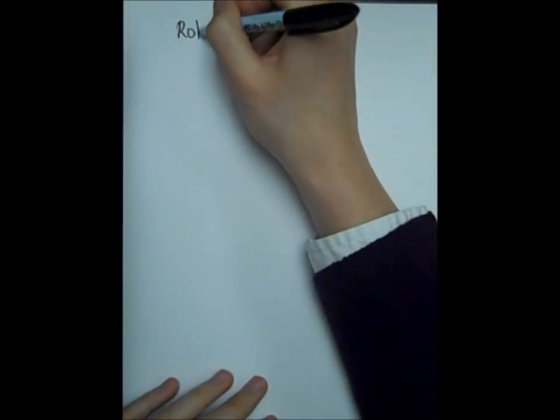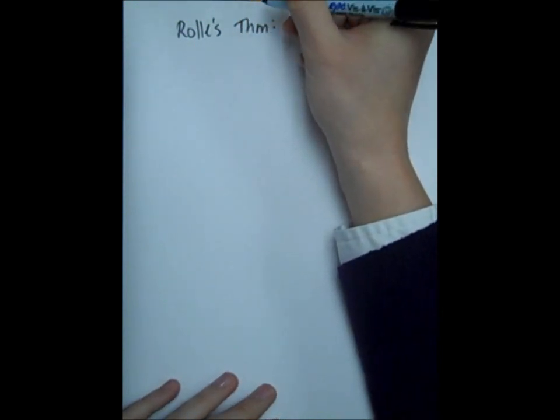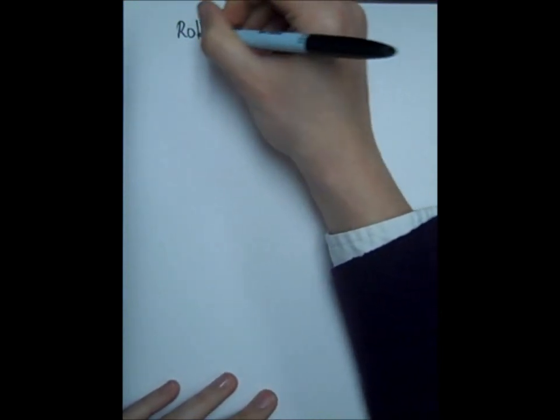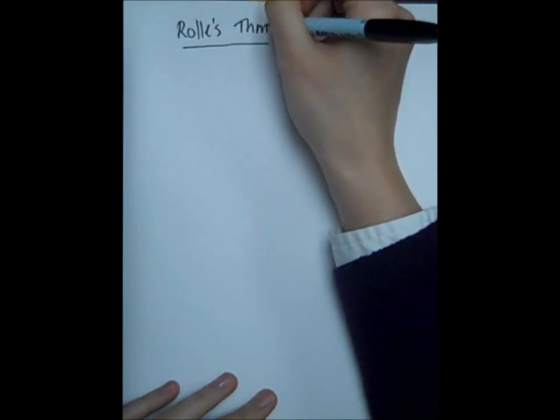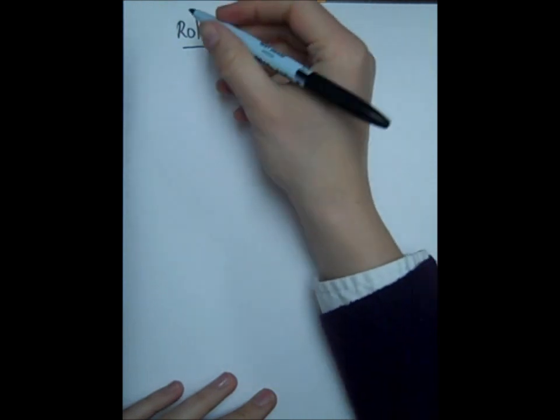The very last part of this section is Rolle's theorem. Rolle's theorem is basically a theorem to tell you when the derivative is equal to 0. So when can you guarantee that the derivative is 0?